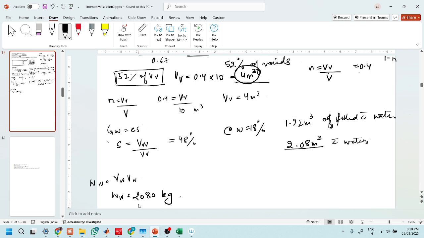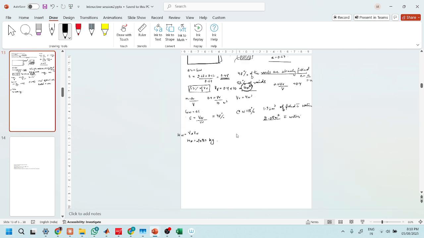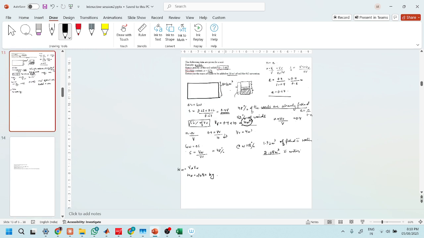Okay, so this was clear. Yes, ma'am. It does make intuitive sense to everybody. This comes under the phase relationships.